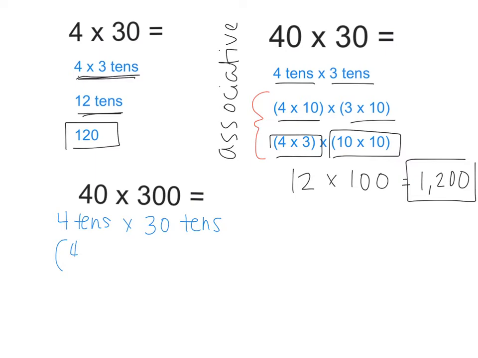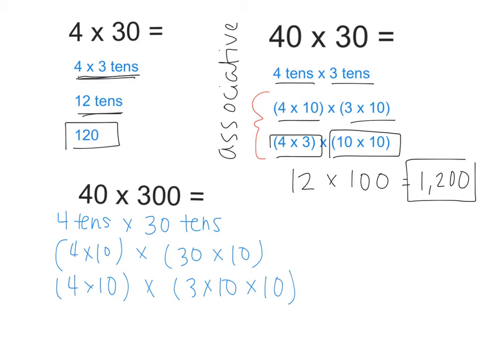Yeah, 4 times 10. And then 30 tens is the same as 30 times 10, right? Can I break that down even further? Sure. 4 times 10 times 3 times 10, because that's 30, and then times 10, right?